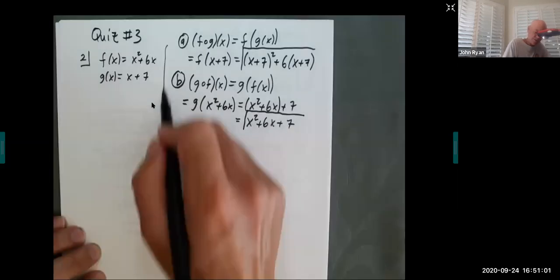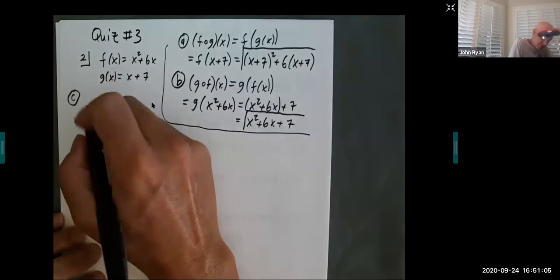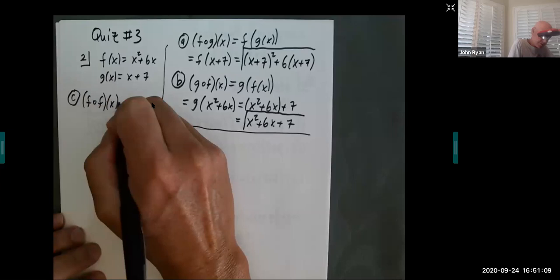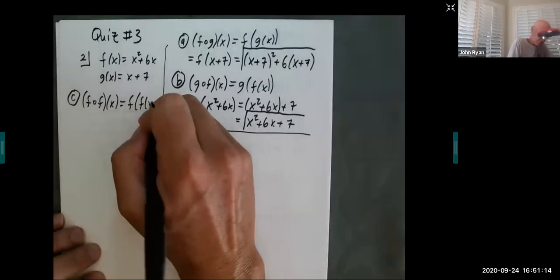And I'm going to put part C here, which is f composite f of x. This is going to be the weirdest looking one.